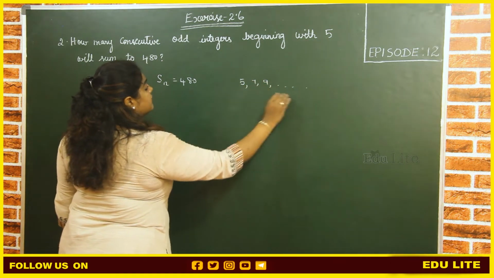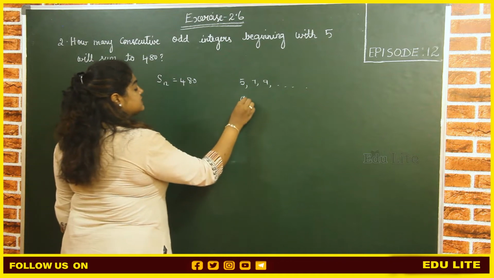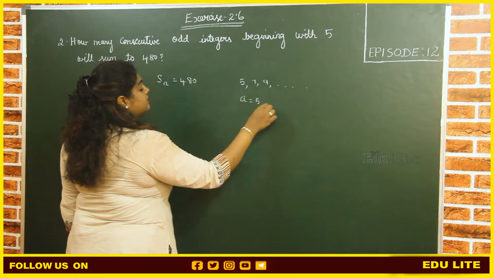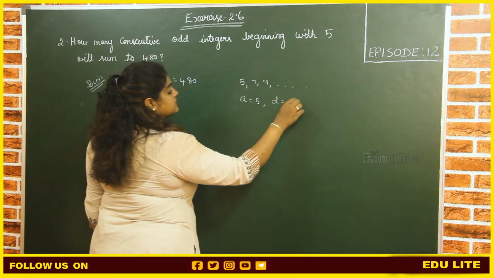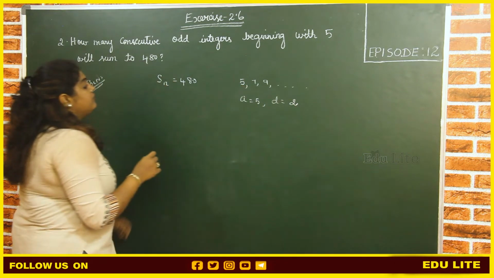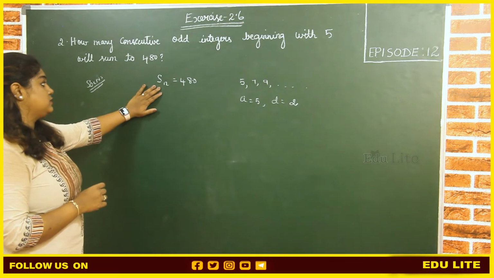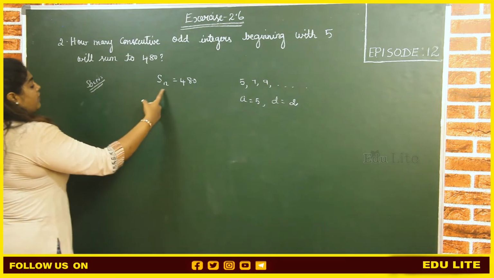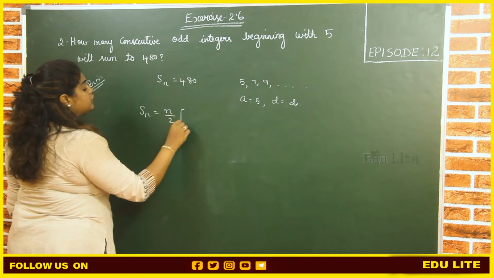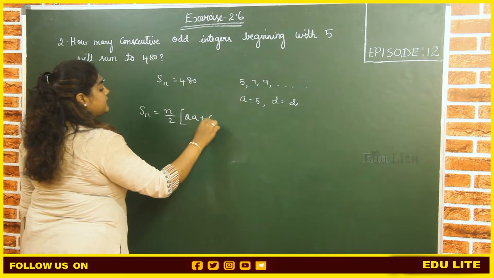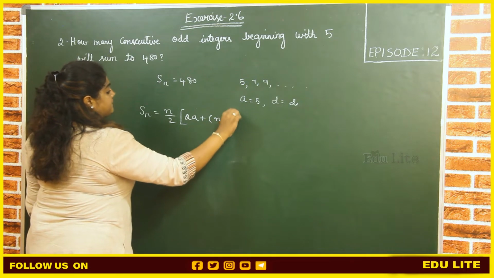From this we can write the value of A, which is 5 since it is the first term, and the value of D is T2 minus T1, that is 7 minus 5, which is 2. So now we know the value of Sn as well. We can find the value of n using the formula Sn is equal to n by 2 into 2a plus n minus 1 into d.